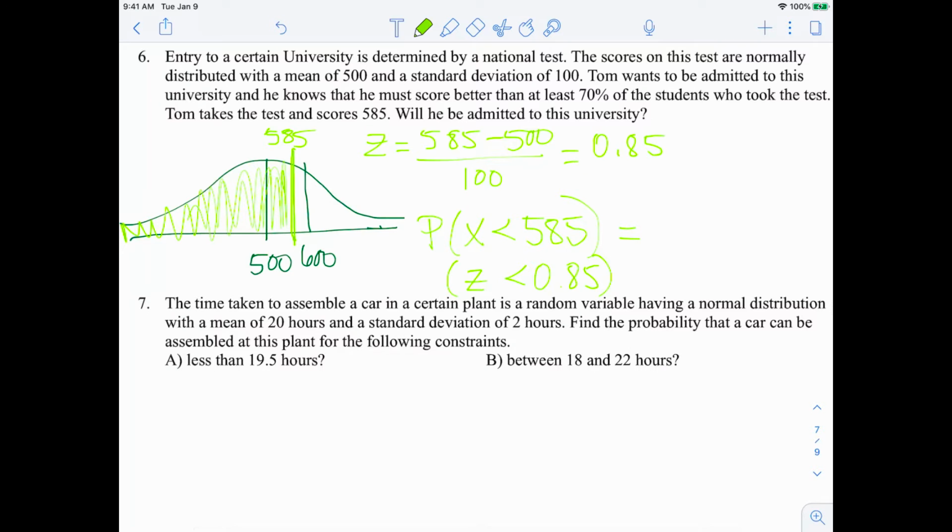So then the probability that somebody scores less than 585 is 0.8023 or 80.23%. Now that means that he scored better than 80.23% of all the other students. So then, yes, he will probably get into this university, at least based on his test score.